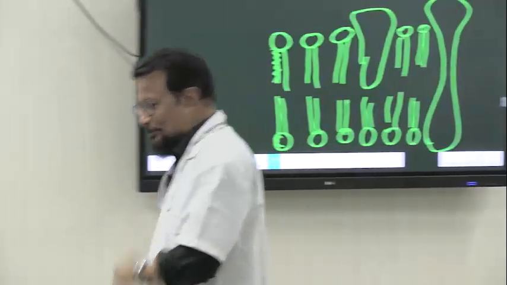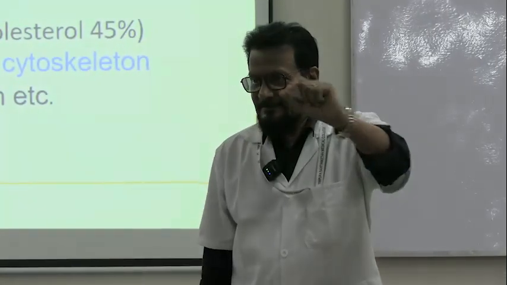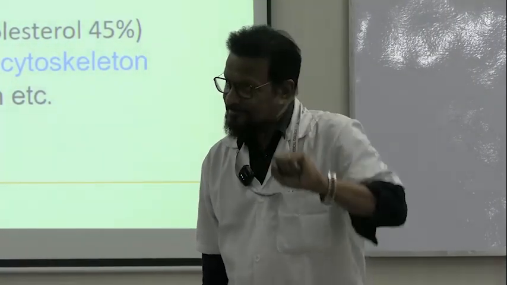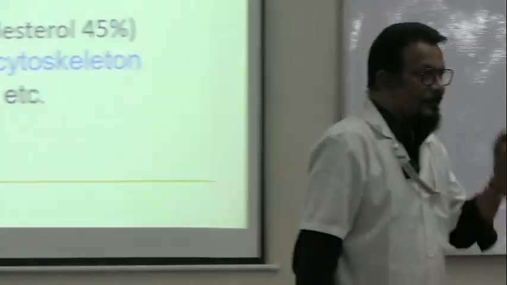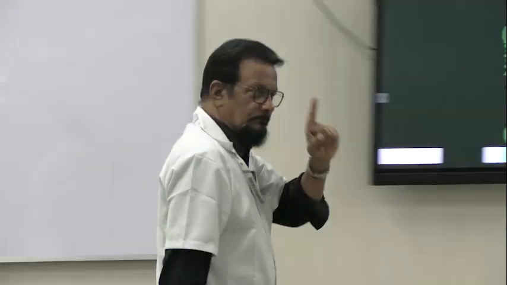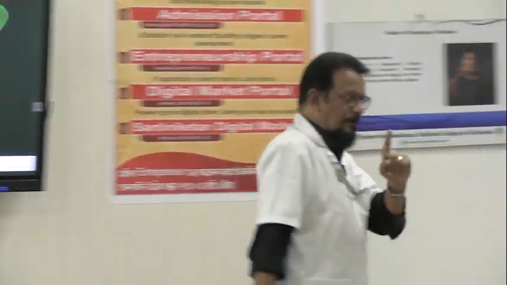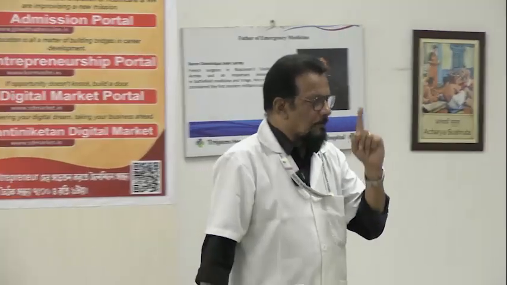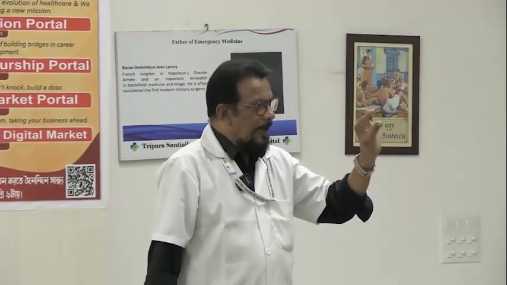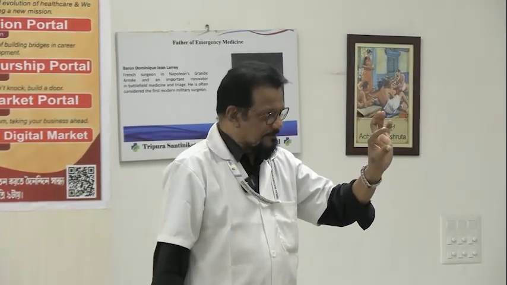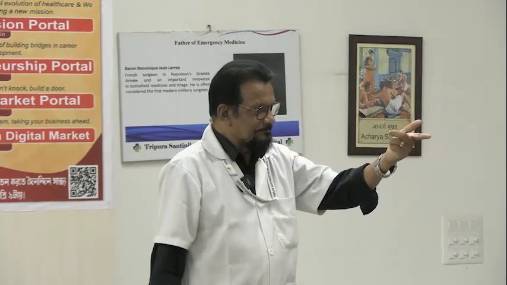Hello, one question I left to you. The question was that the diameter of the capillary is lesser than the size of the RBC. Everybody listen, there may be a short question, MCQ. The diameter of RBC is more than the diameter of the capillary.